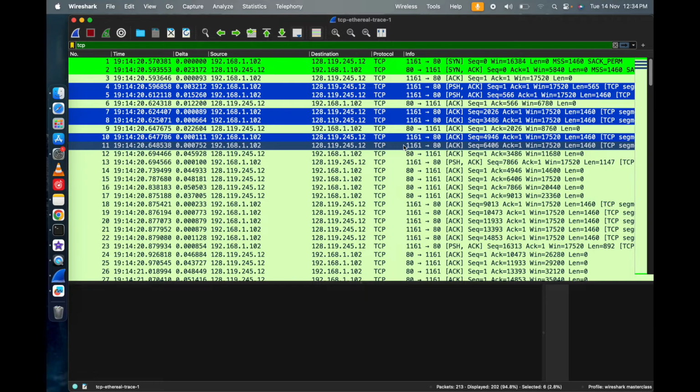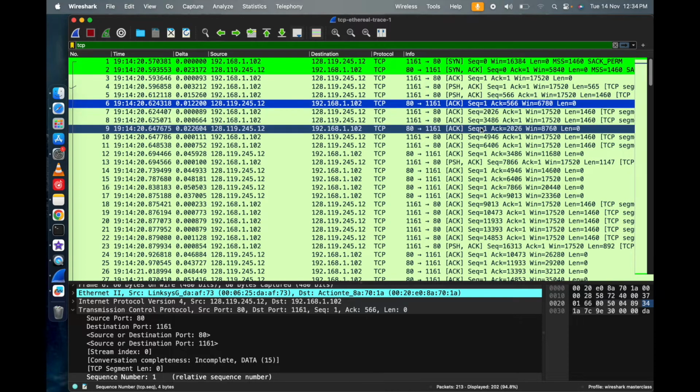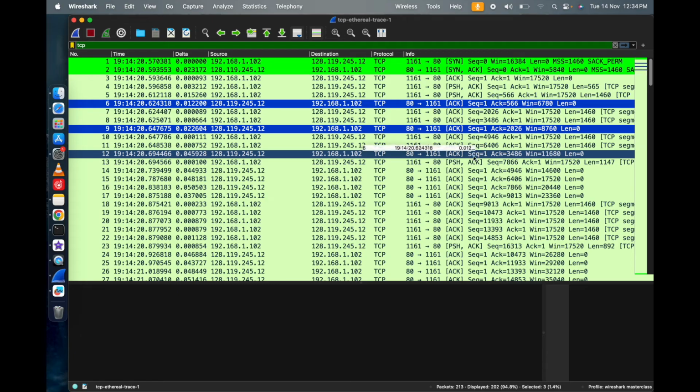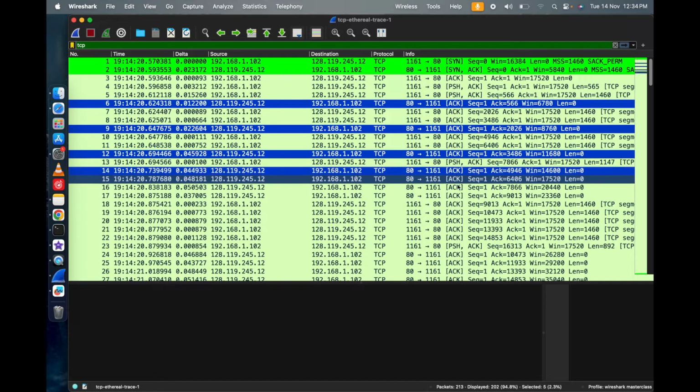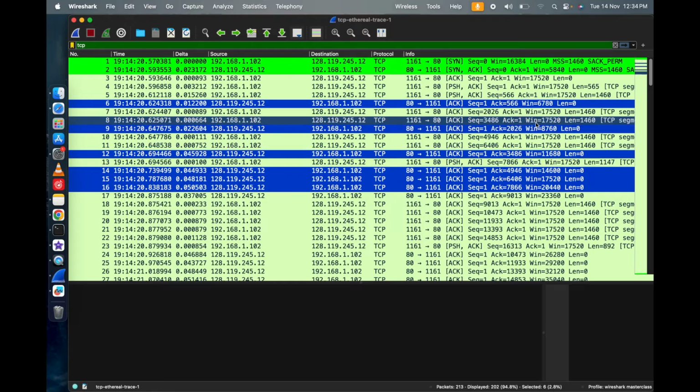Again we need to consider the acknowledgement numbers. Consider the sixth one as the first one, first, second, third, fourth, fifth, sixth. So these are the complete six acknowledgements.